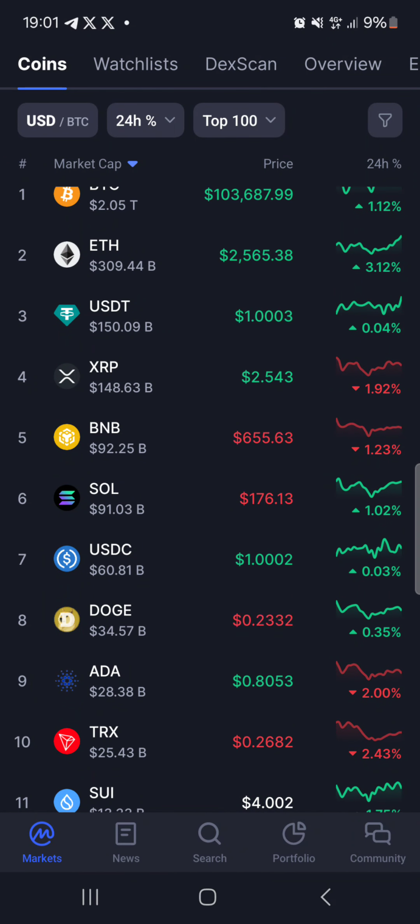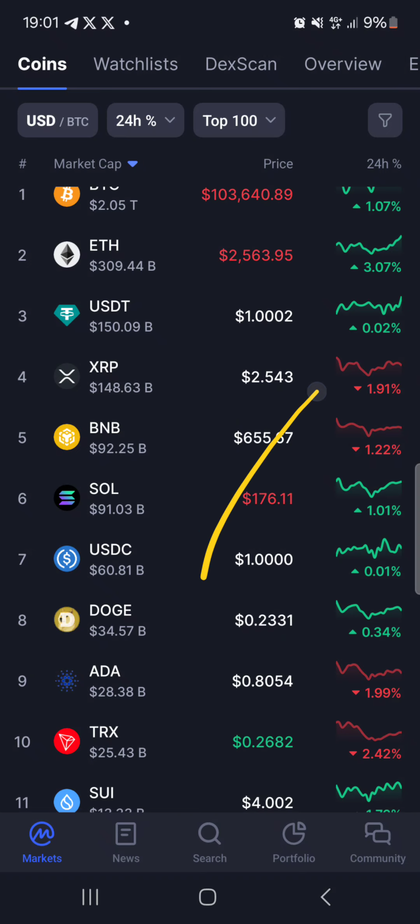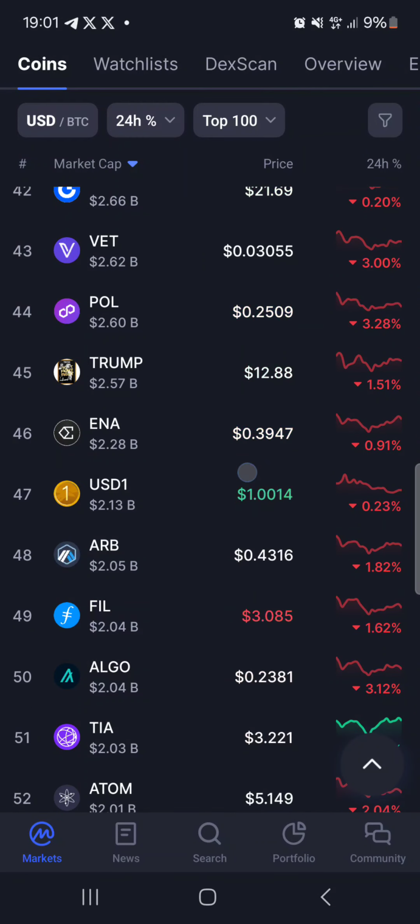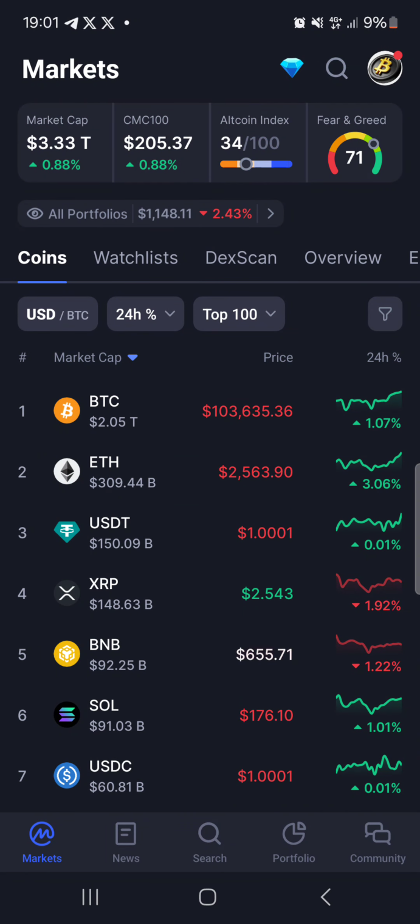If you are fearful, you can pick from the top coins. If you are more confident, you can pick from the lower coins. The lower the coin in terms of rating here, the higher the volatility, meaning that coin moves faster. The higher the coin is on top here, the slower the volatility.